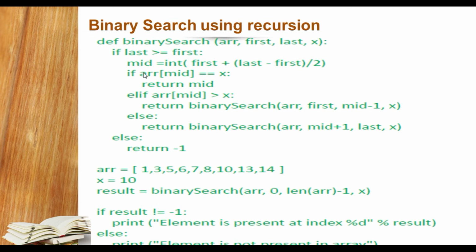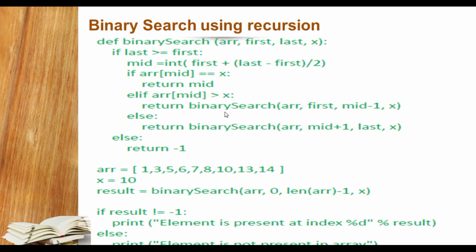Then immediately inside this if block, in nested form, we compare x with the mid value. If array of mid is equivalent to x, and it is true, then we return mid. Otherwise, if the mid value is bigger than the search element, we return with a function call, because a recursive function calls itself from its body.